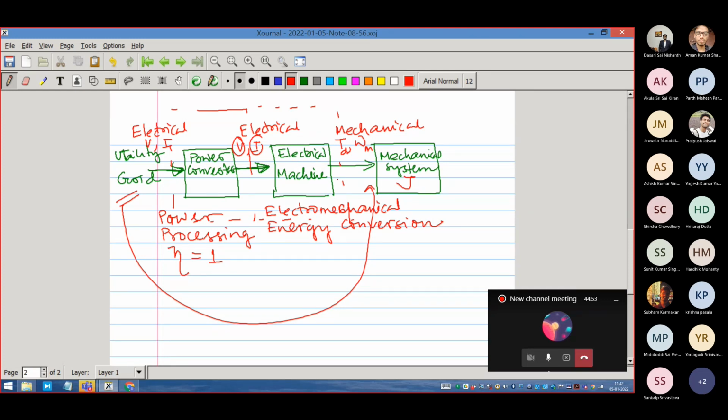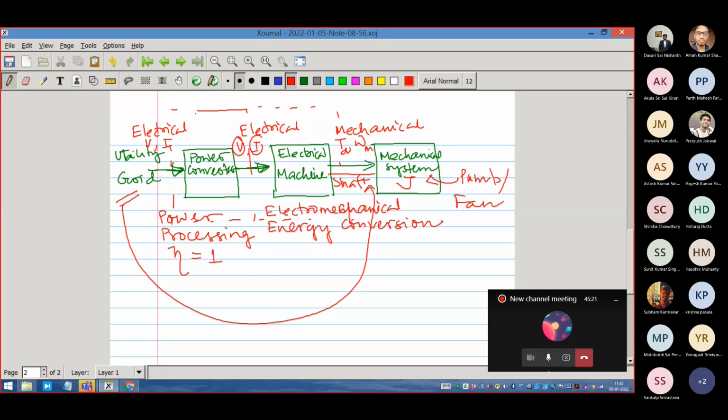The mechanical system is connected to the electrical machine by means of a shaft. You have seen in the lab what a shaft is. The mechanical system, for example, may be a pump or a fan.